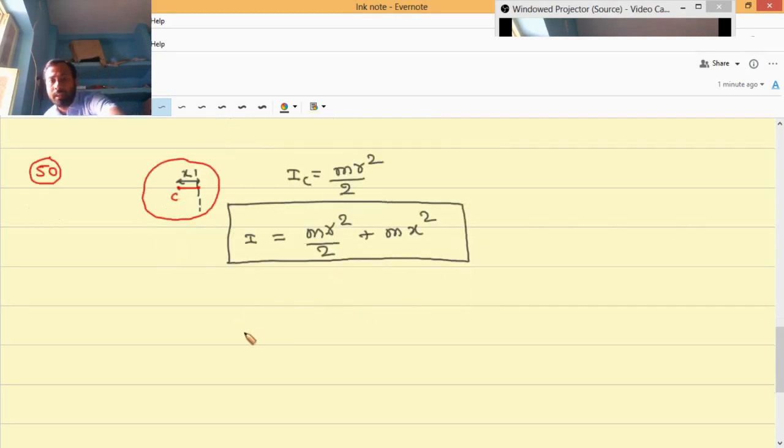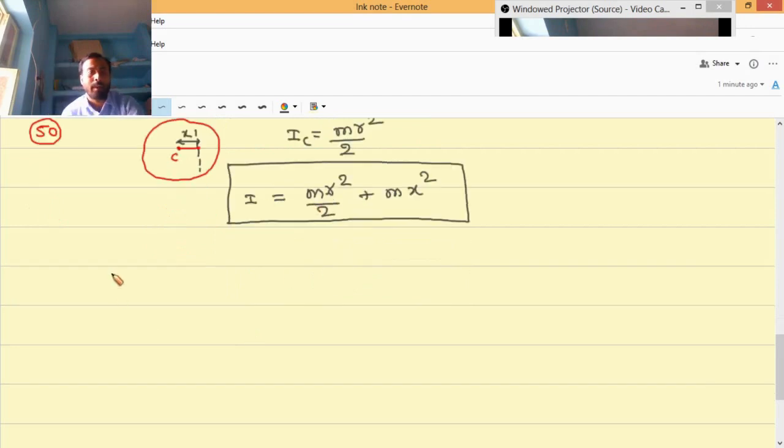Now we have to evaluate the time period for this moment of inertia. The time period will be 2 pi under root I by mg times the distance between the center and the point of suspension, that is x.